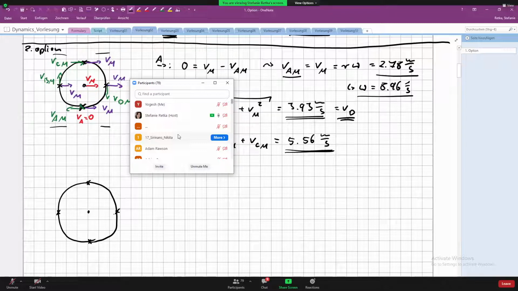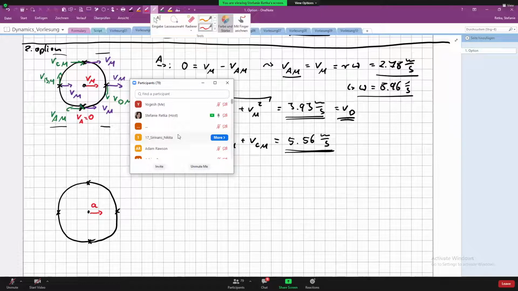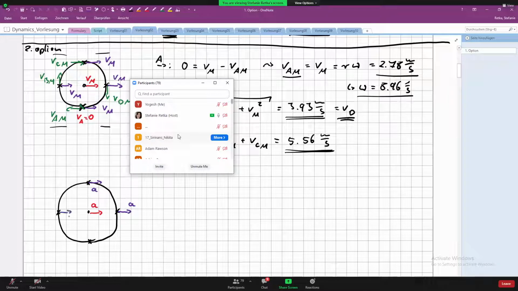Now again, we know the acceleration of the center of gravity. It's the acceleration of the car, A. Then all the other points on this tire are accelerated translationally with the same acceleration A. And at the same time, the tire rotates with omega and alpha.